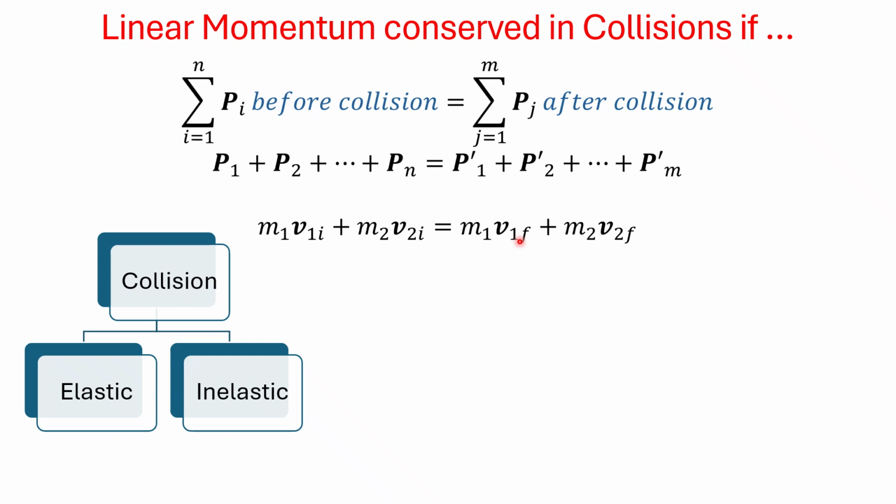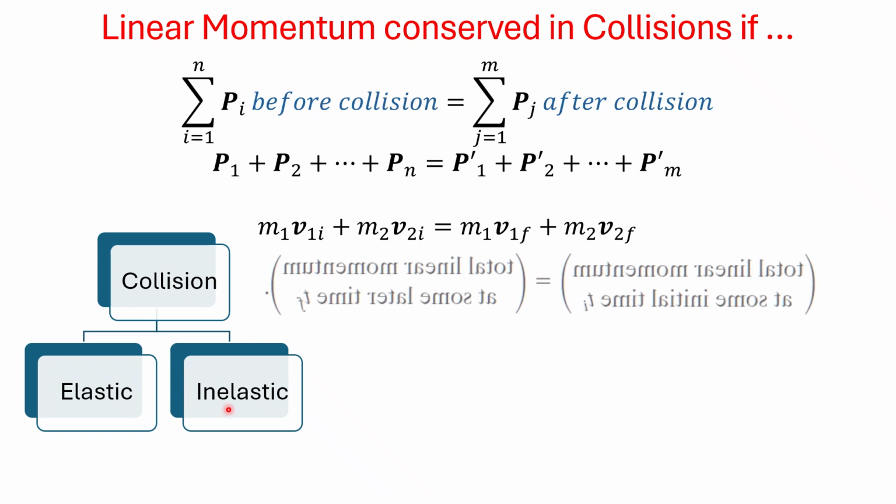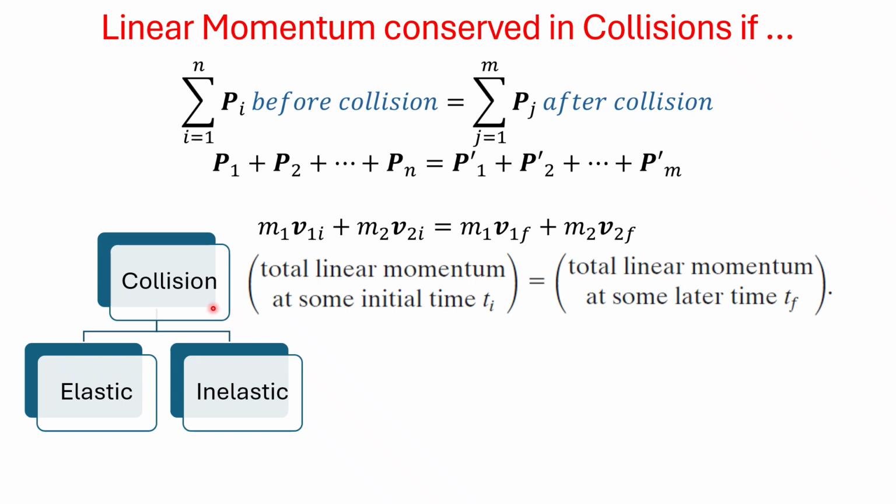So collisions are categorized into two sections. One is elastic and another one is inelastic. In case of all collisions, the total linear momentum before collision is equal to the total linear momentum after collision.